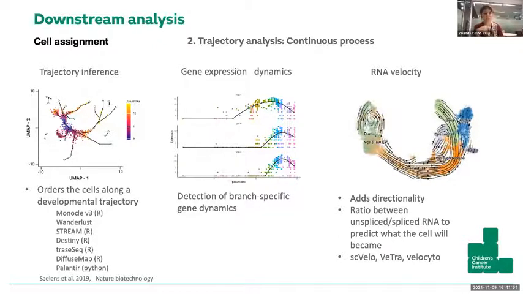RNA velocity does give you a bit more of a time frame, because RNA velocity adds directionality to your trajectory. And it does this by looking at the ratio between unspliced RNA and spliced RNA, and predicting based on the unspliced RNA what the cell will become later on, which I think is pretty handy and cool.